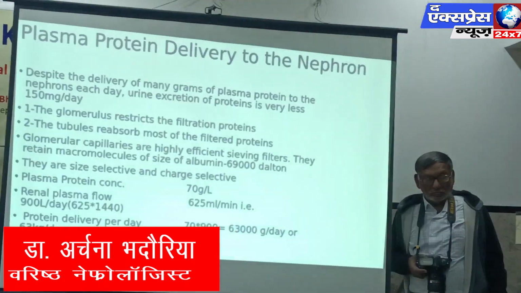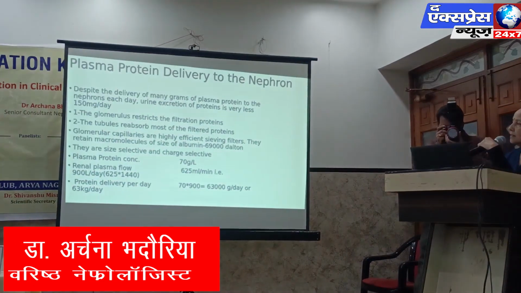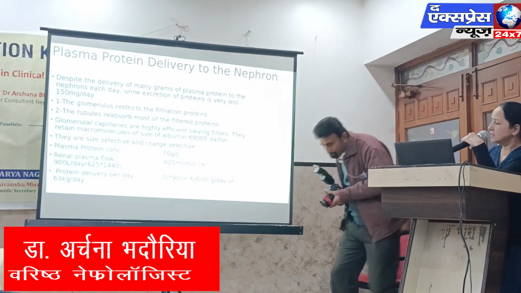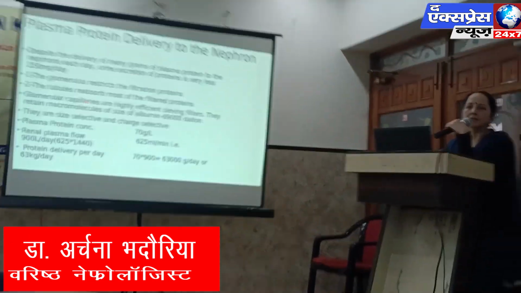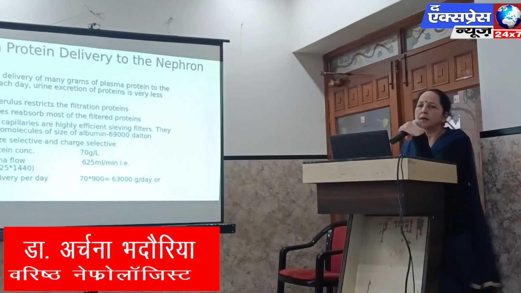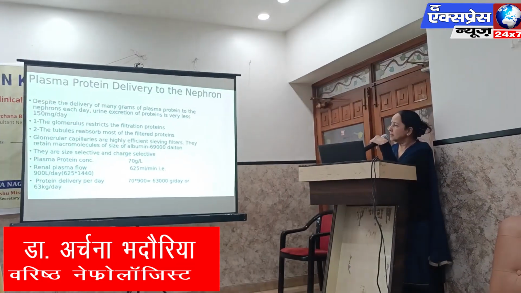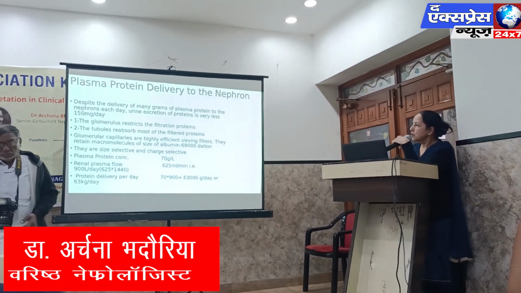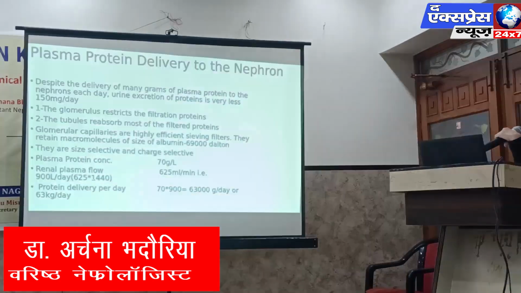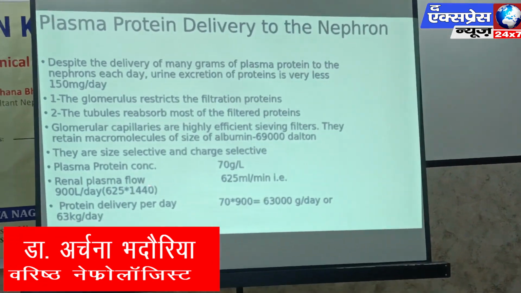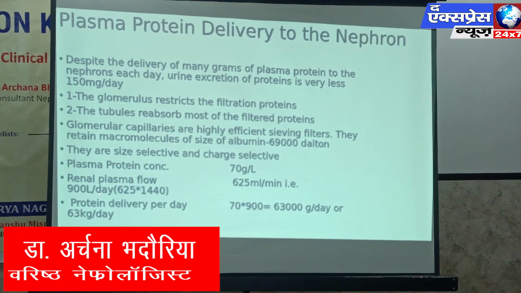So you see the magnitude, or the important role, the glomerulus plays. We all know that the plasma concentration of the protein is 70 gram per liter. That is, we see in the report 7 gram per dl of protein is present. Renal plasma flow is 625 ml per minute. So if we multiply it, 625 into 1440, that is the number of minutes in one day, it amounts to 900 liters per day.